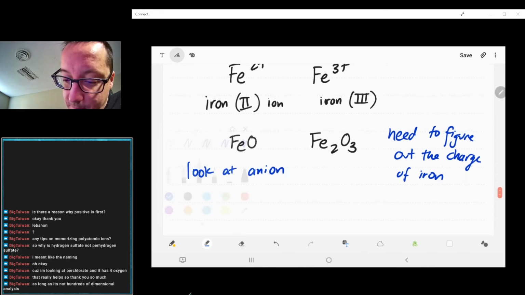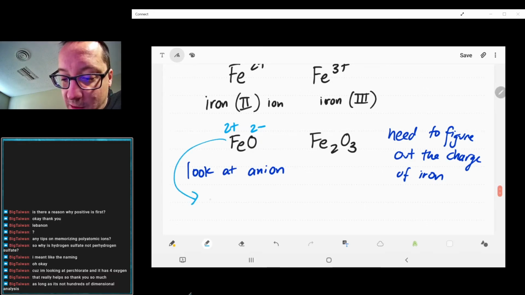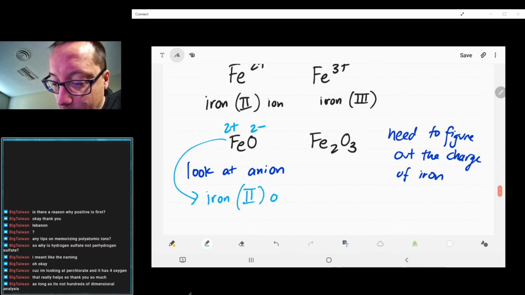So if this oxygen is 2 minus, that means that this iron has to be 2 plus, right? Because they're one of each. That means they have the same charge. So this compound we would call iron 2 oxide.